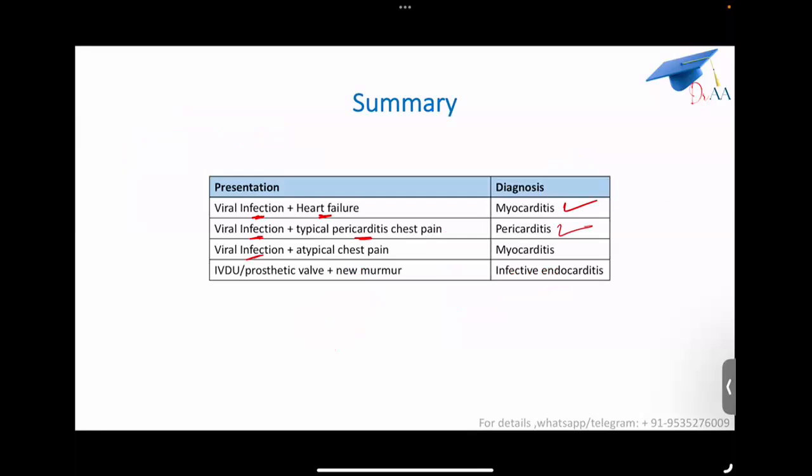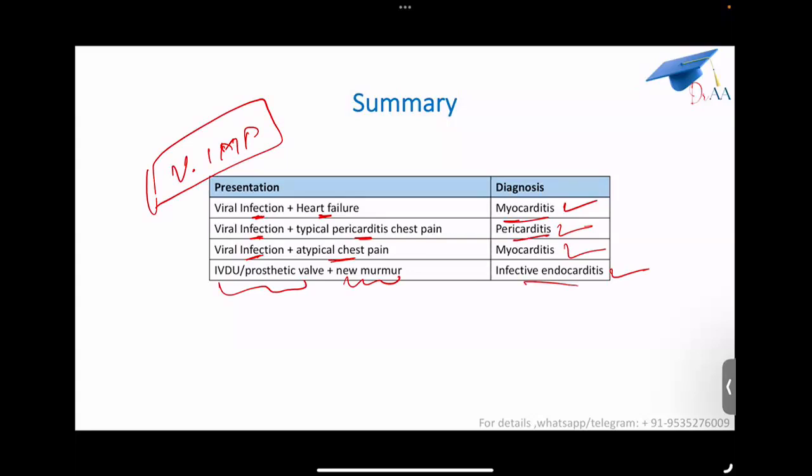If they give a viral infection with atypical chest pain, it doesn't specify, he says some pain, and on leaning forward it doesn't get better, on lying flat it doesn't get better, then it is myocarditis. If a risk factor is given like IV drug abuse or prosthetic valve, and a new murmur is given, suspect or pick the option as infective endocarditis. This is very important. This will help you to answer many questions in the cardiology chapter, especially on myocarditis, pericarditis, infective endocarditis.